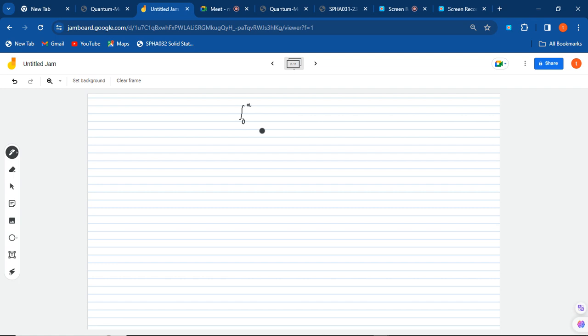You will not say from minus infinity to plus infinity. You will write 0 to a, right? Of what? N squared sine squared kn, g x dx, equal to 1.